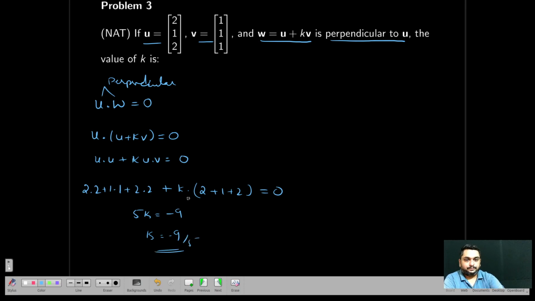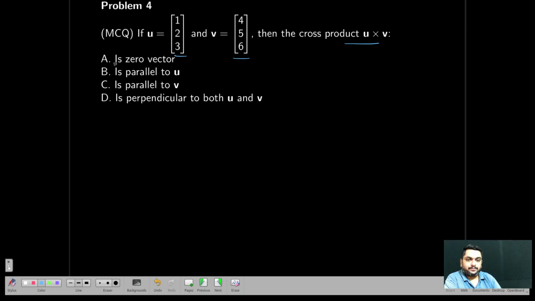Next, given this vector u, v, the cross product u cross v is, so they are given 4 options, so they are not asking the value here. So first find it out and we'll see. i, j, k are the unit vectors. Then I have 1, 2, 3, 4, 5, 6.